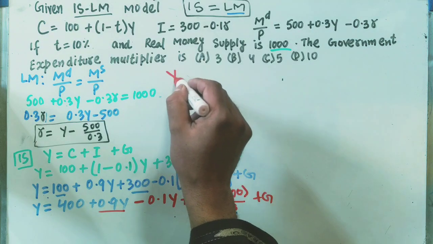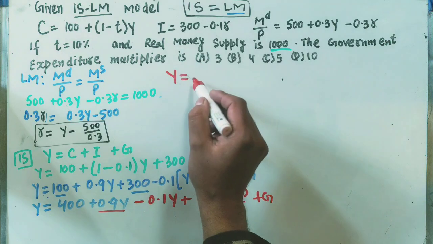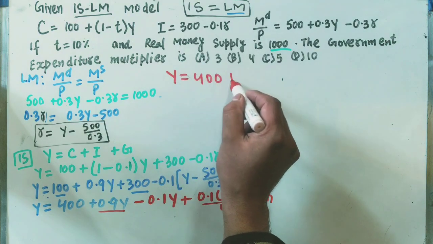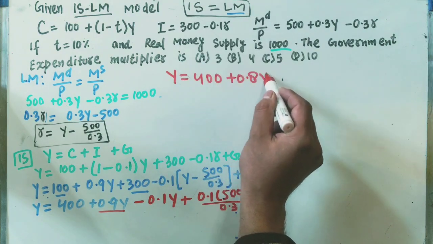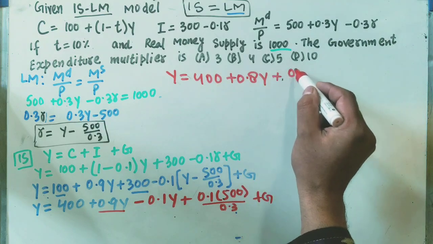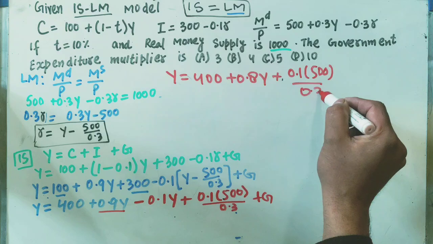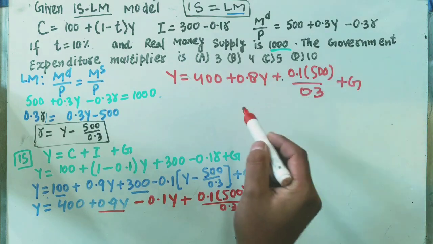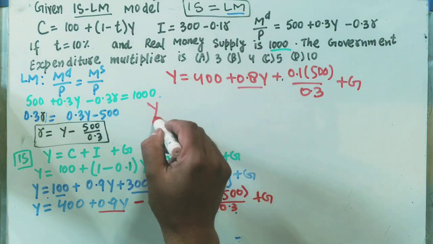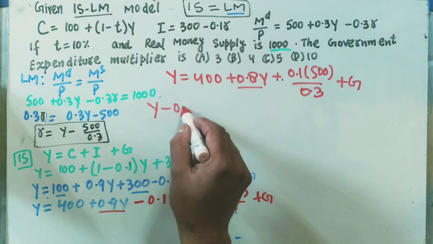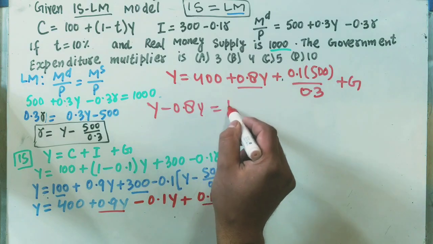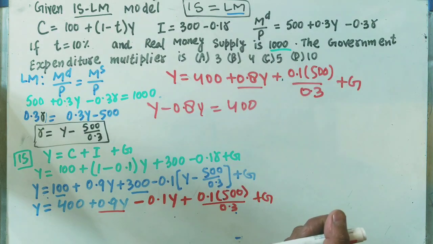So we will get Y is equal to 400 plus 0.8Y plus this 0.1 times 500 divided by 0.3 plus G. Transpose it here, it gets subtracted, so Y minus 0.8Y is equal to 400.